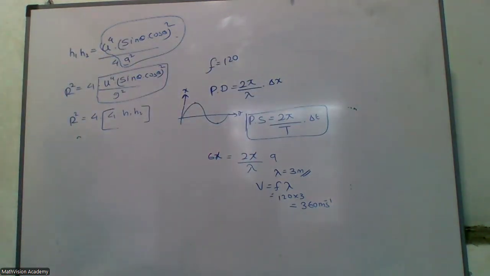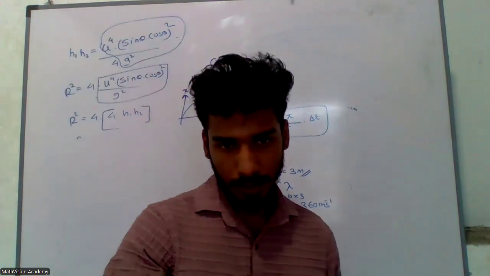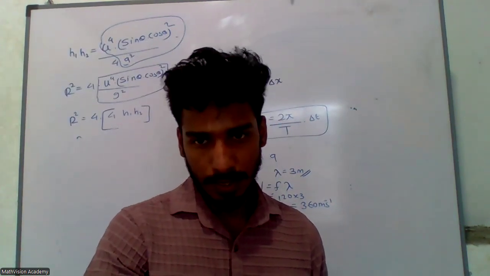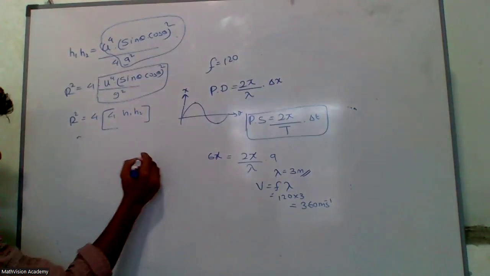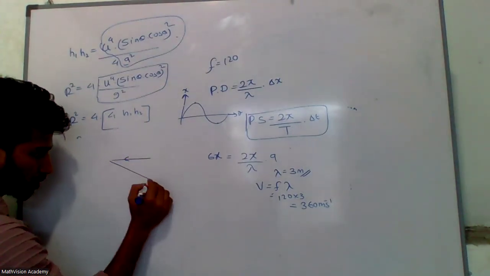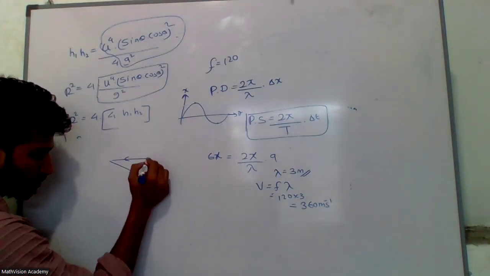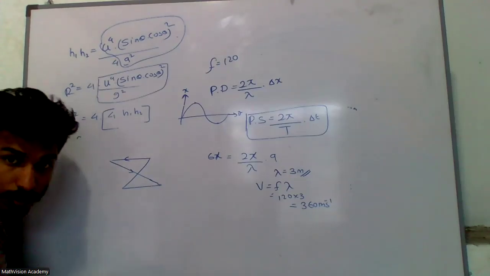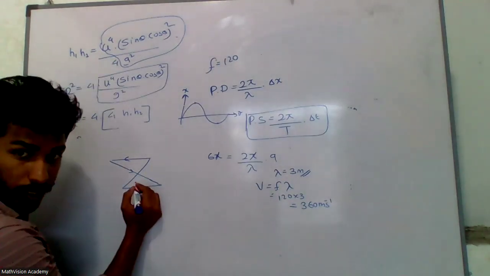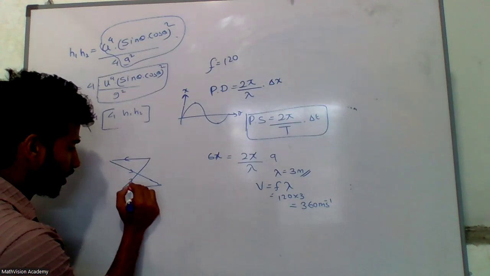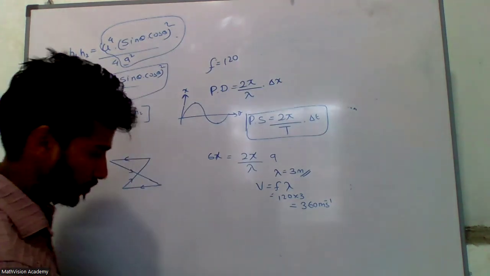So let's look at the next one. Question number 9. We are given a cyclic process. You can see it is not actually a circle.